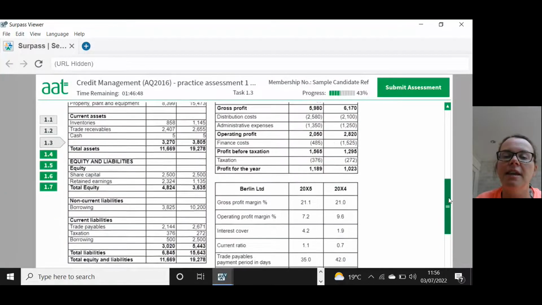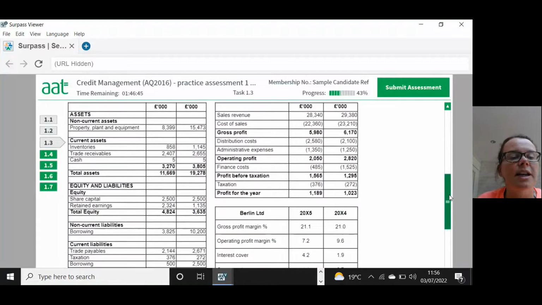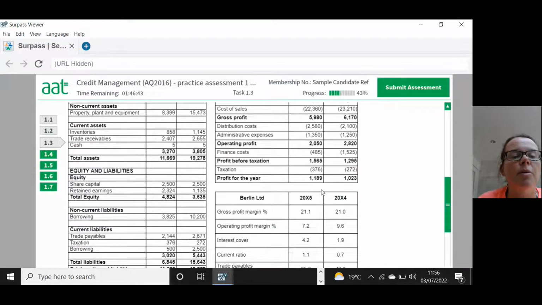So looking at the statement of financial position. So what has really happened? Well, we've got much less inventories, a little less trade receivables, same amount of cash. So seems to be the inventories that's caused the difference. And then current liabilities, a drop in trade payables, and a big drop in borrowing.